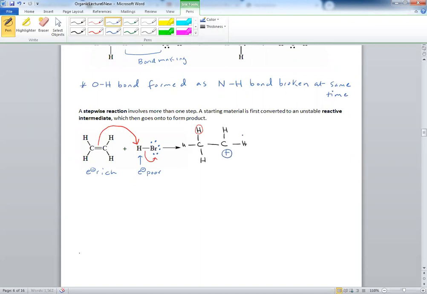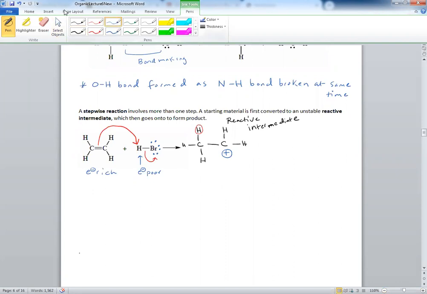So here's your reactive intermediate. And the reason why it's reactive is because it doesn't have an octet and has a positive charge here. Now, so here's one step. Notice this is one step. This is step 1.